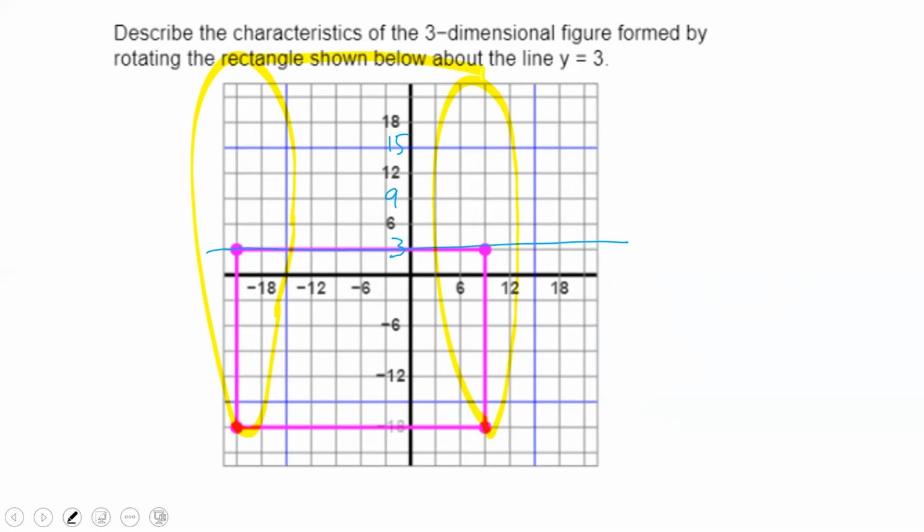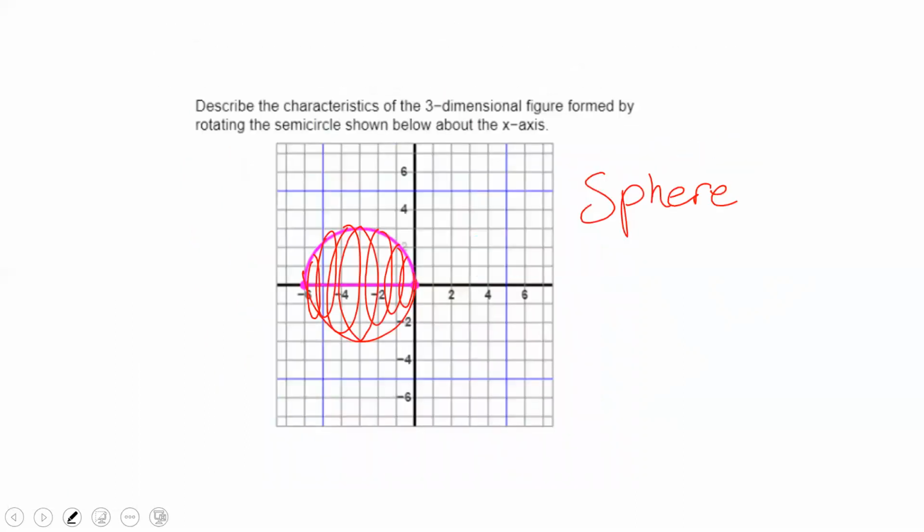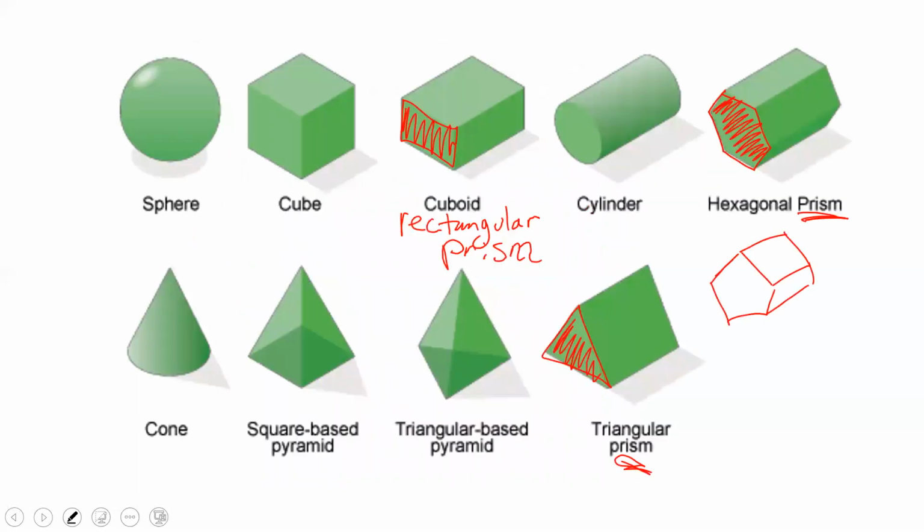As best my drawing is, it's hard to tell what that is, but if you think about it, it's a circle on both ends. If you remember from before, it's got a circle on both ends. Oh, that's my cylinder.